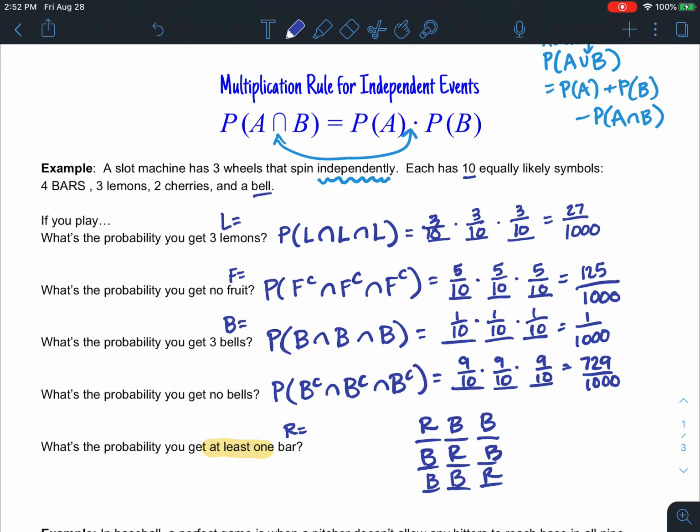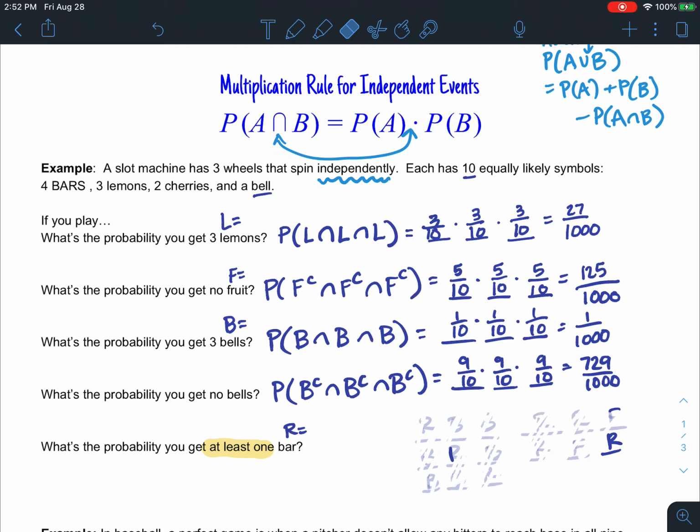And with at least 1, that could be 2, so it could be bar here, and then a fruit, or a bar here, fruit, bar here. So what I'm trying to show you is that when it's at least 1, I have a lot of situations to think about and calculate their probabilities for.